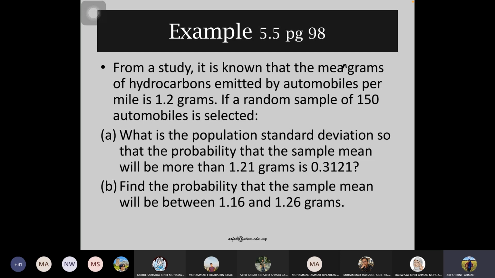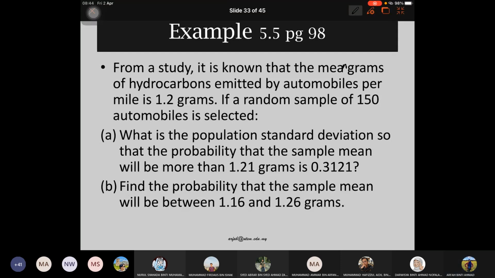no statement that population follow normal distribution. Okay. But sample is large.